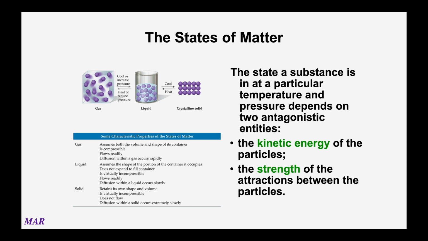That is going to be the intermolecular forces. Temperature is a big component because temperature will definitely increase the kinetic energy of the particles, and as you raise the temperature, it will tend to break up the strength of the attraction. Of course, lowering the temperature would be the opposite. So the strength of the attraction versus the kinetic energy of the particles, which is basically a temperature phenomenon, becomes really important.